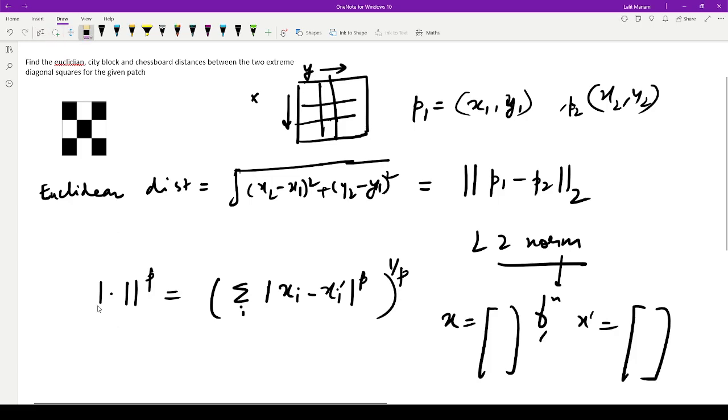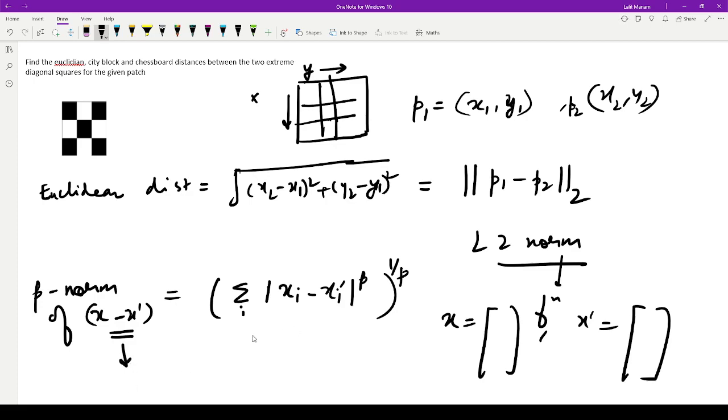So maybe I'll just rewrite it here. It is the p norm of x minus x prime. So x minus x prime is the input. You can replace this with any other input and use this formula by replacing the specific p.